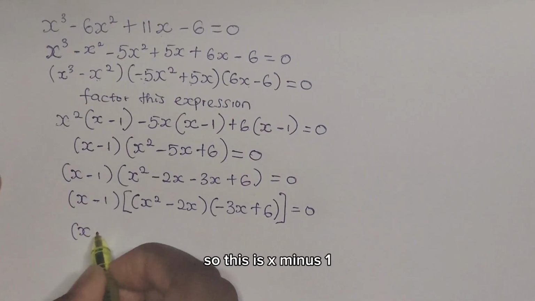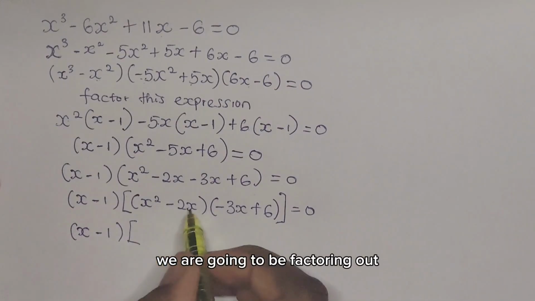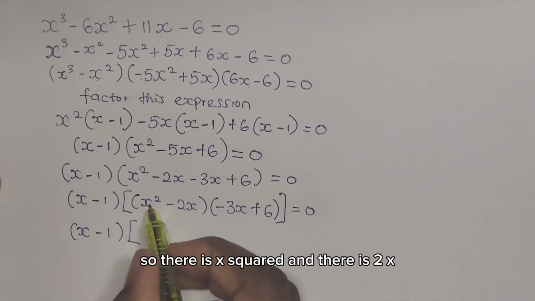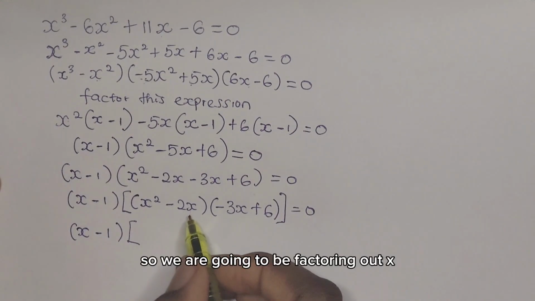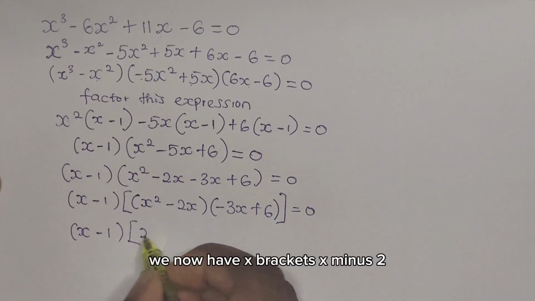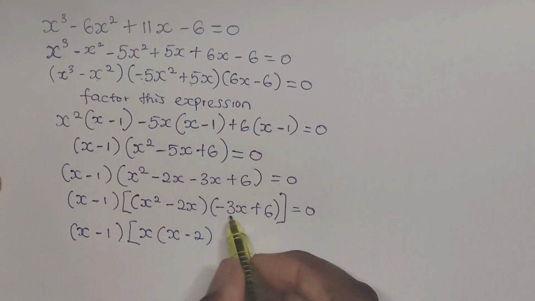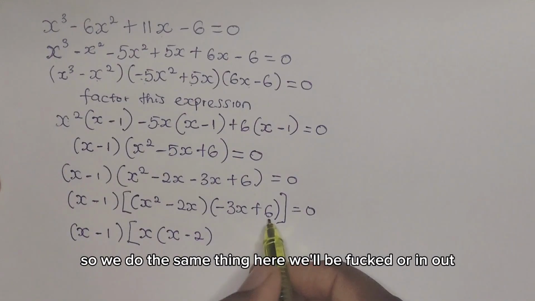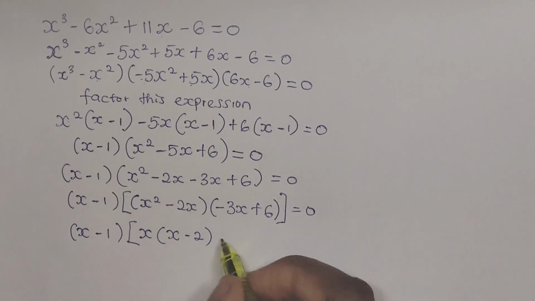So this is x minus 1. We are going to be factoring out. There is x squared and there is 2x, so we are going to be factoring out x. We now have x bracket x minus 2. We'll do the same thing here. We'll be factoring out 3.